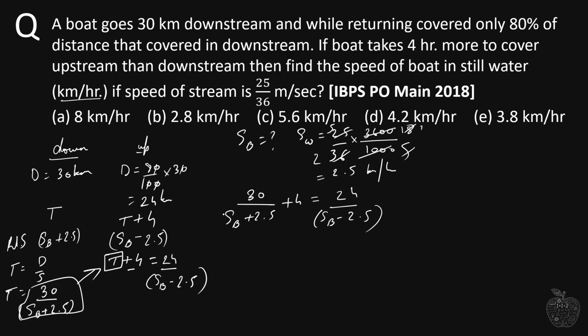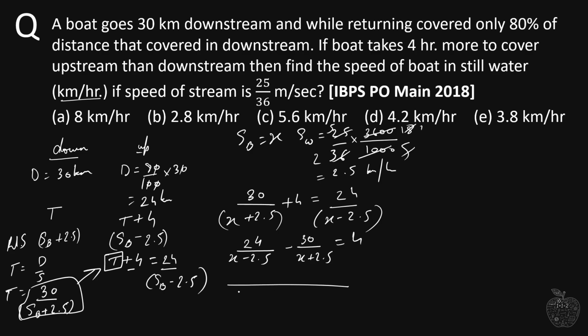So for simplification, let's say that this SB is equal to X. Let's substitute it here. Now let's solve this. Let's take this part on the right hand side. We'll get 24 by X minus 2.5, minus this 30 divided by X plus 2.5, is equal to this 4.